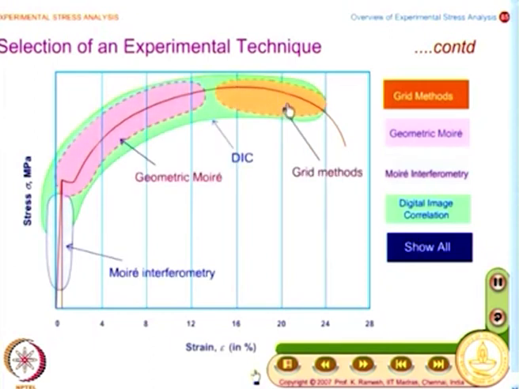I have grid methods, I have digital image correlation, I have geometric moire, and I have moire interferometry. So, this gives you a reasonable appreciation on how to decide the techniques based on the strain range.